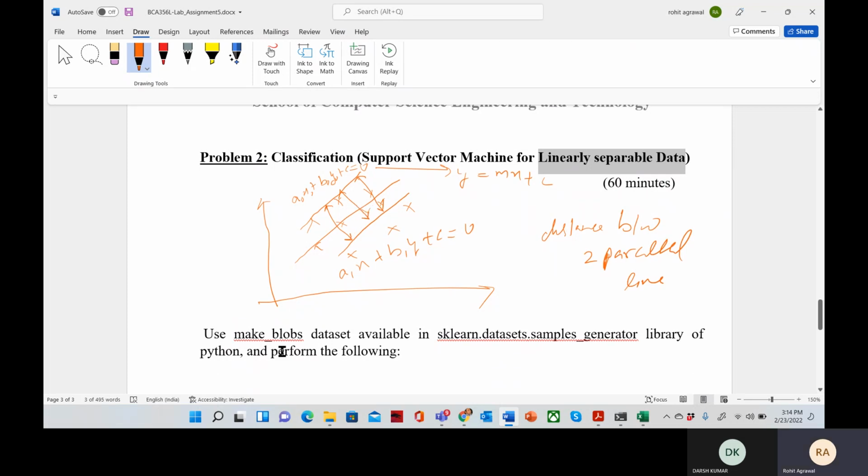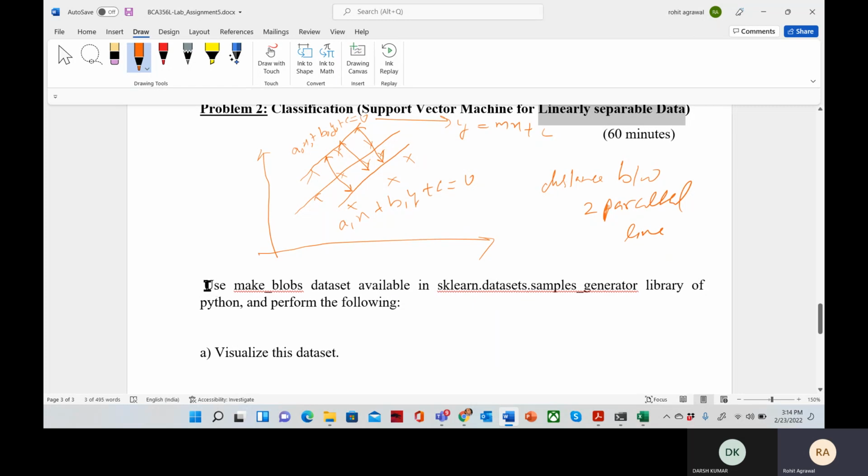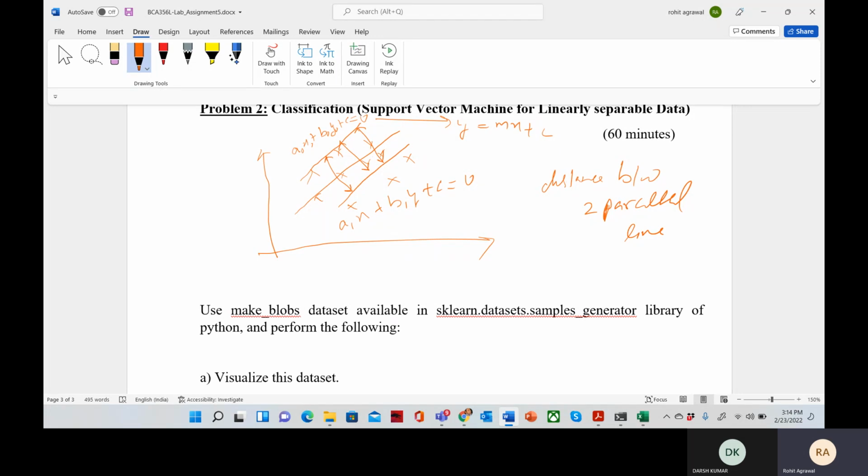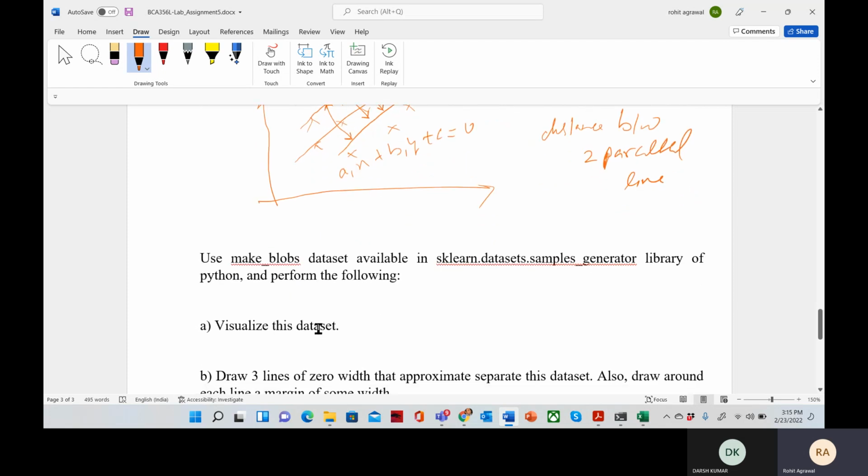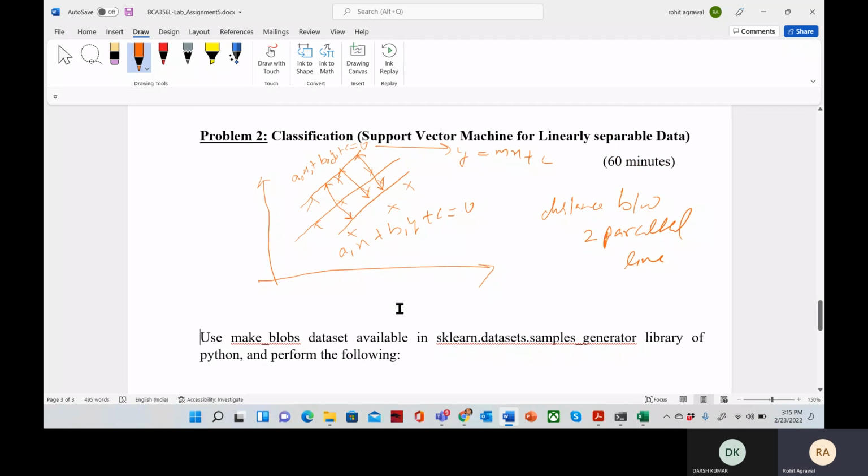We are using this for classification purposes, and there are many parameters available. Instead of using linear, you can use it for non-linearly separable data as well. और कई सारे parameters हैं, you can change those parameters, and you can increase the width of this hyperplane. There are many things, but we can't go into the mathematics, so I will show you programmatically how it works. The concept of support vector machine is clear.